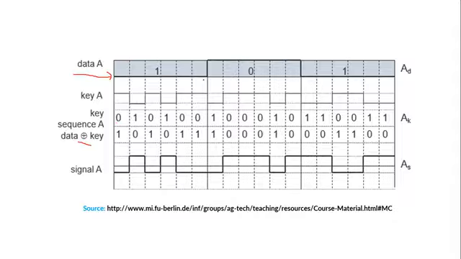So data is all 1 up to here. That will be XORed with the key at different times. So 1 XOR 0 is 1, 1 XOR 1 is 0, 1 XOR 0 is 1, 1 XOR 1 is 0, 1 XOR 0 is 1, 1 XOR 0 is 1.